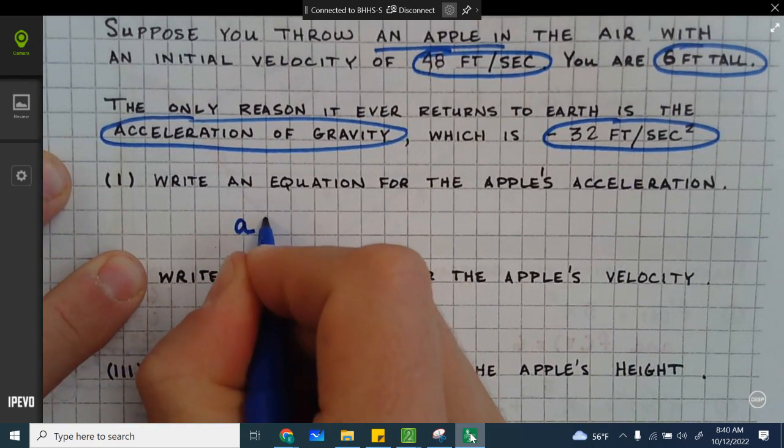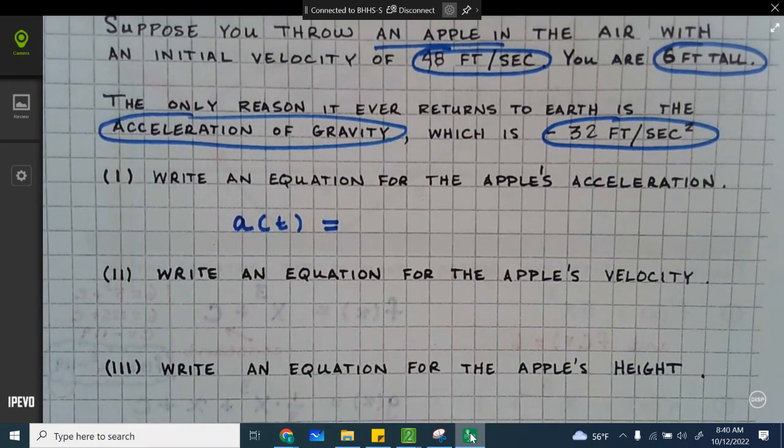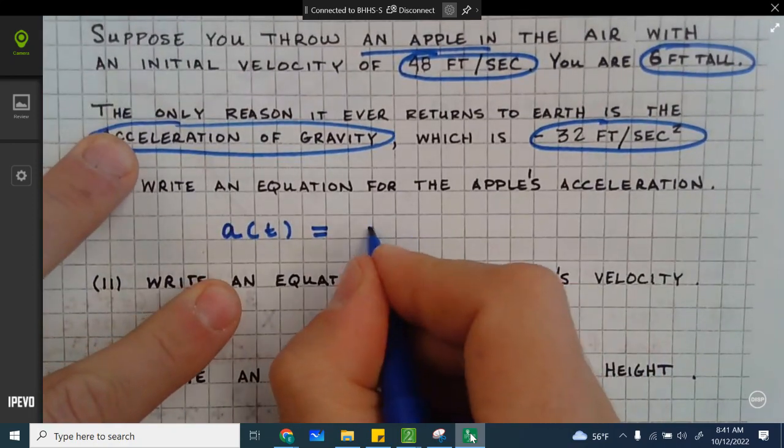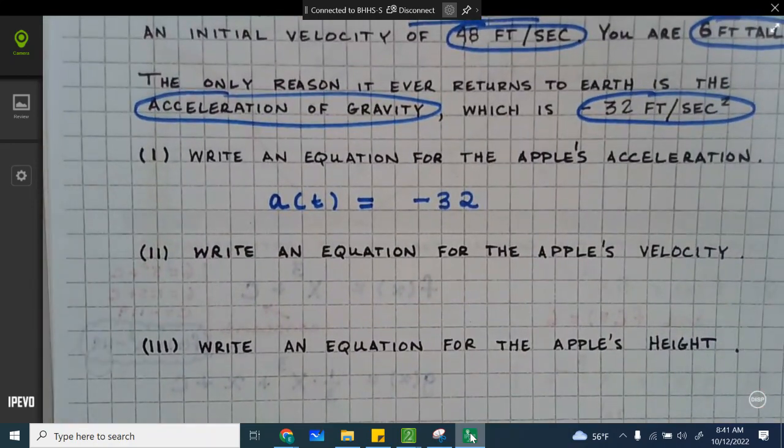If you were asked to write an equation for its acceleration, you would say that the only acceleration acting on this apple is gravity. Yeah, so it's equal to negative 32. So apple, acceleration, negative 32. That's it.